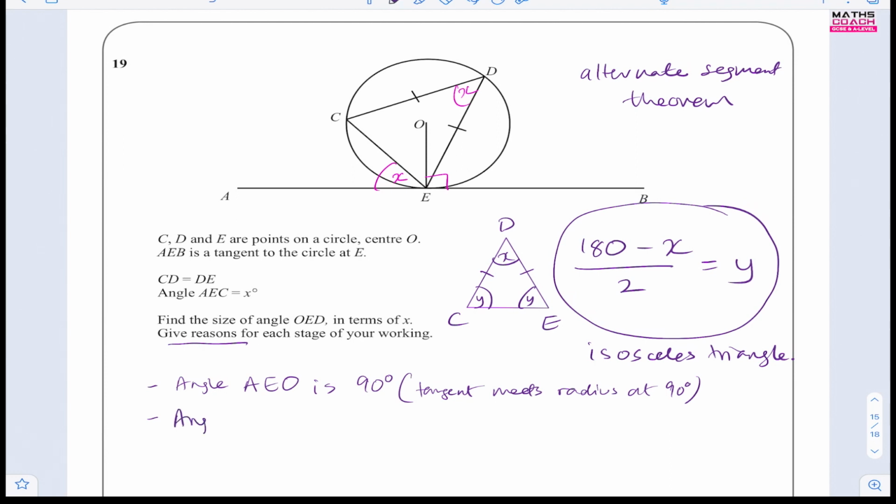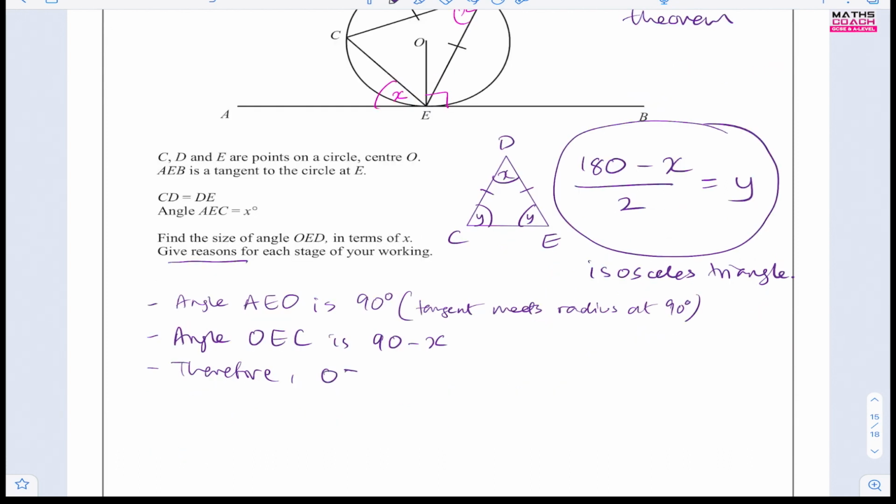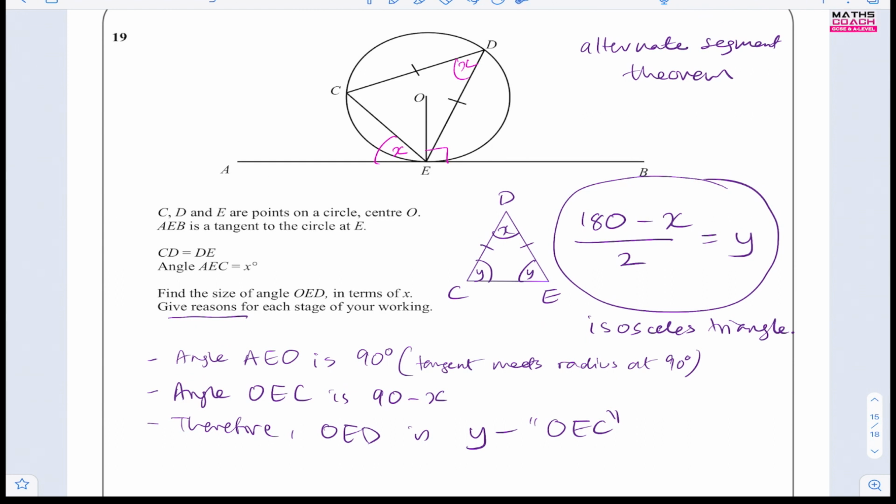So angle OEC is 90 minus the x. So therefore OED is going to be y minus OEC. So once again, just to go over that again, we are calculating this value right there. This was y because it's an isosceles triangle.